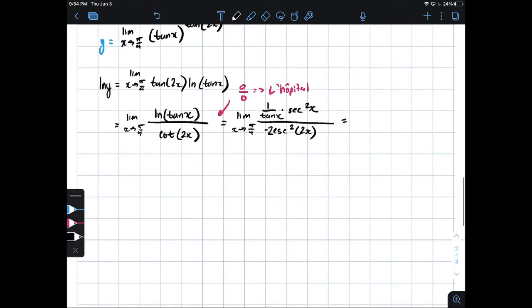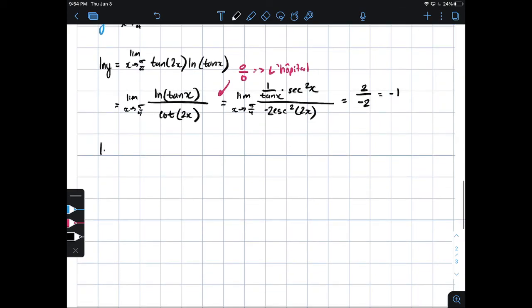And now if we substitute everything in, we don't need limit anymore. We will just get 2 over negative 2, which is equal to negative 1.